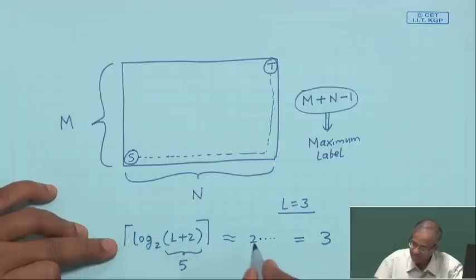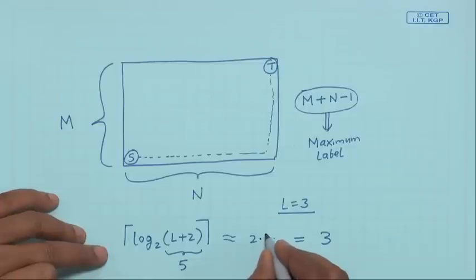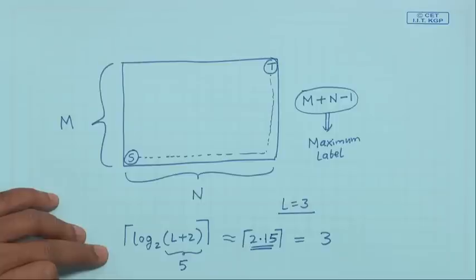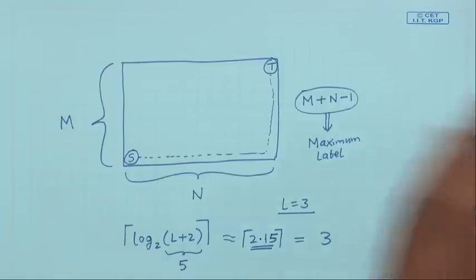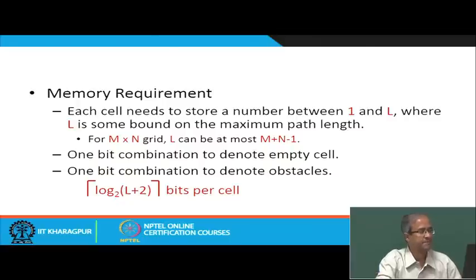So, the ceiling of this number 2 point something will be 3, but if this number is exactly 4, that means L equal to 2, then this will be exactly 2, because 2 is an integer and the smallest number greater than or equal to 2 is 2 itself. If we say 2.15, the ceiling of that will become 3. So, this is the memory requirement for every cell in Lee's algorithm with this kind of numbering.